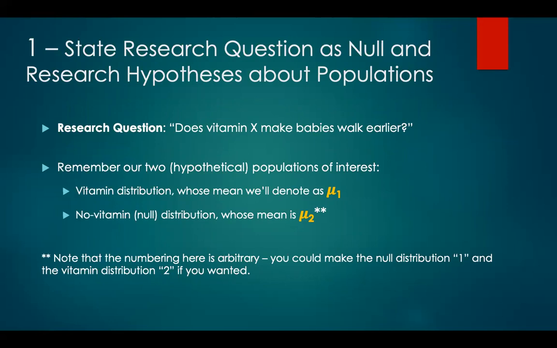So keep in mind our 2 hypothetical populations of interest here: the vitamin distribution, or the distribution in which babies receive vitamins, whose mean will be denoted as mu1 or mean 1, and the no vitamin null distribution, whose mean is mu2. So this is the distribution of babies that do not receive the vitamin. It has its own mean, and the vitamin distribution will have its own mean.